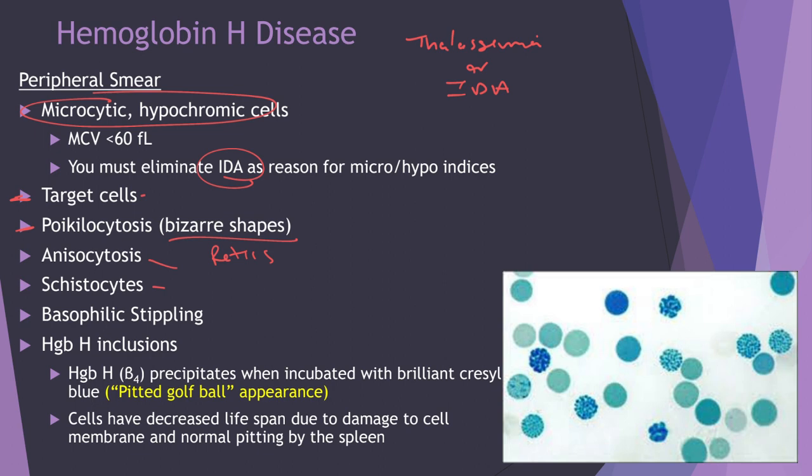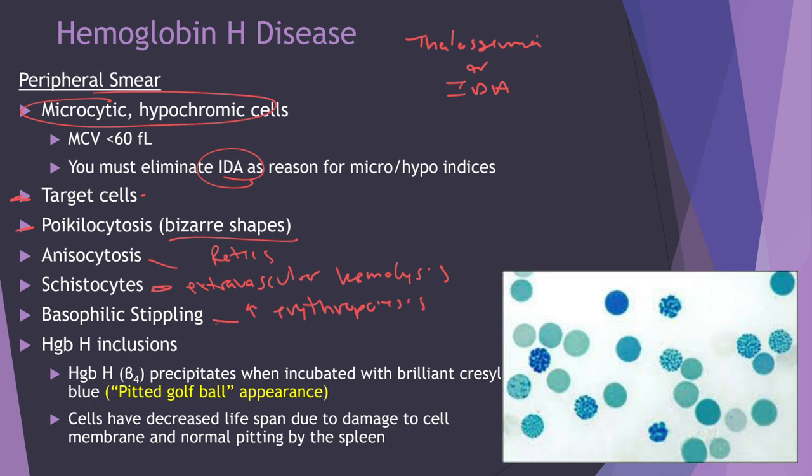Okay, but then we have also those microcytic cells, schistocytes, and that has to do with the extravascular hemolysis. Basophilic stippling because of increased erythropoiesis.